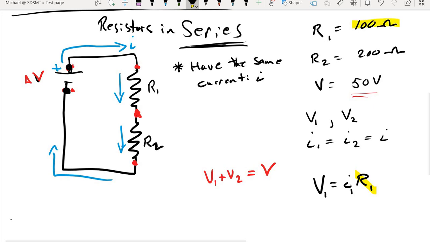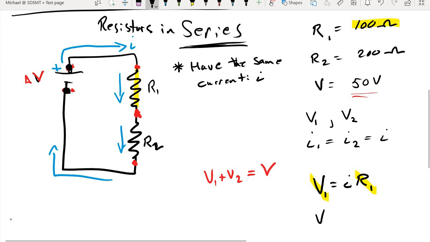We have the potential difference across resistor 1. So going across resistor 1, there was that potential difference. But then we have the common current value that's going to be running through both of them.